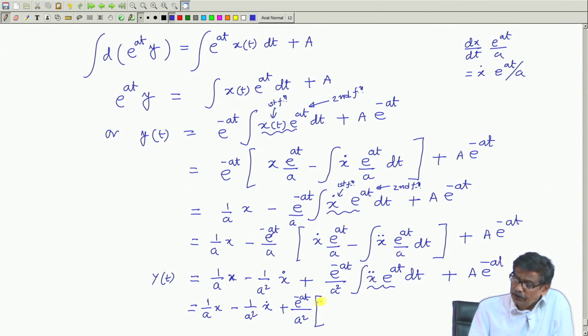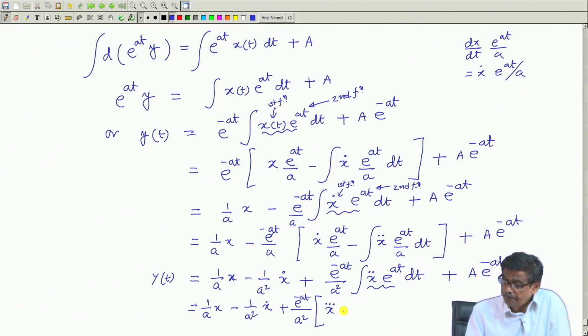Then once again you integrate it by parts. Then it will be the differentiation of x double dot, so it will give you x triple dot: the differentiation of the first function into the integration of the second, that is this by a.